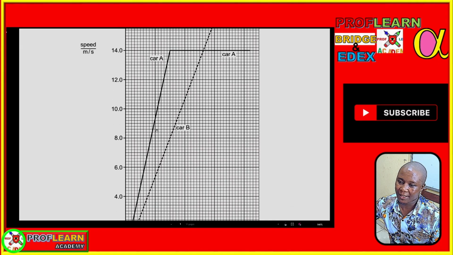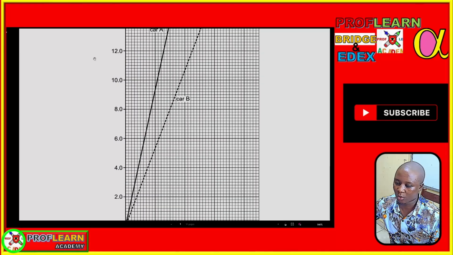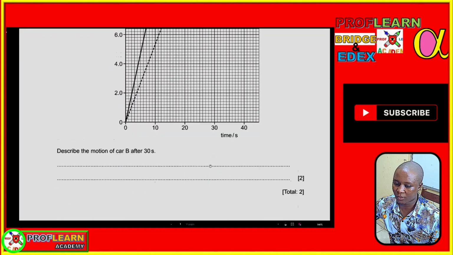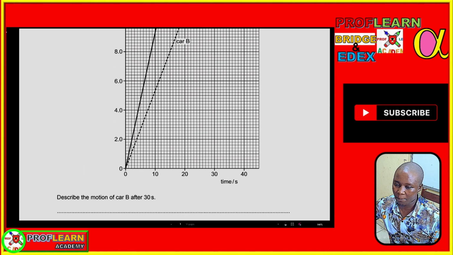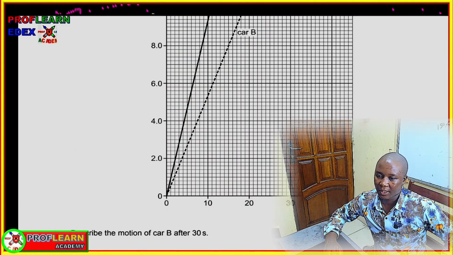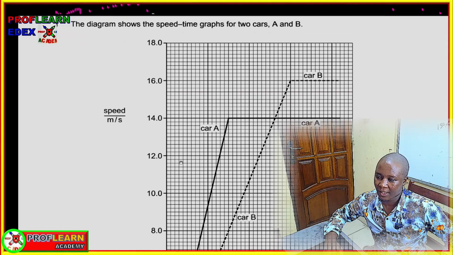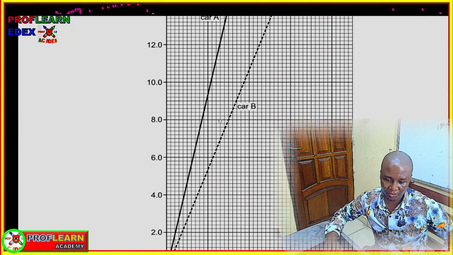Remember, this is a speed time graph, which means that if you are supposed to describe the motion of this object in the first 30 seconds, you need to appreciate that this object is moving at a constant acceleration.